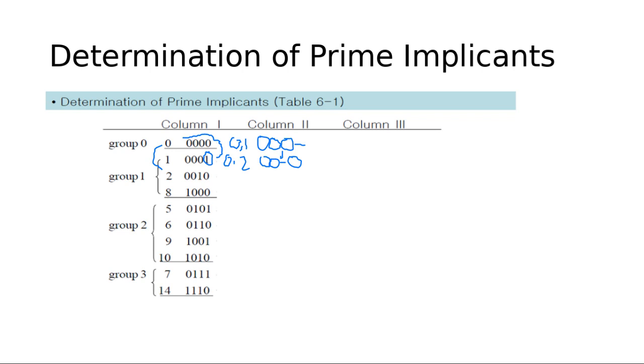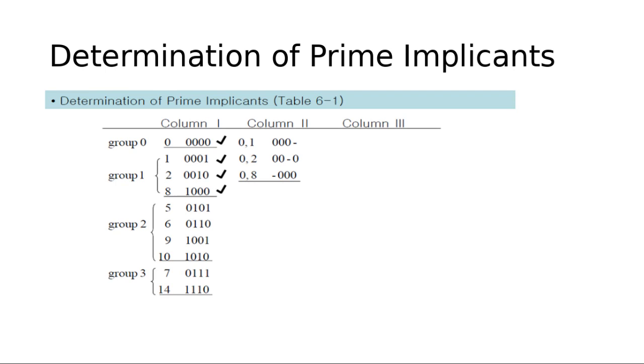We can also write 0 and 8, which means dash 0 0 0, right? Okay, we did the first step. Which ones do we use? We use this one, this one, this one, and this one.